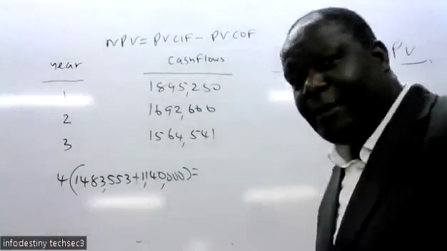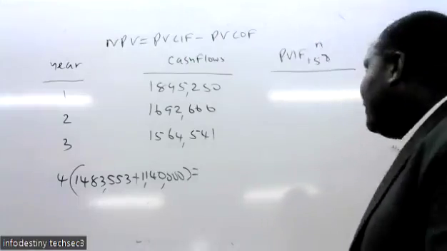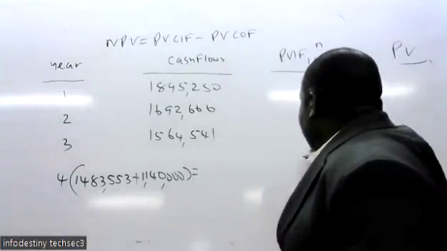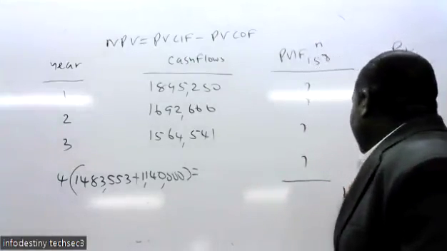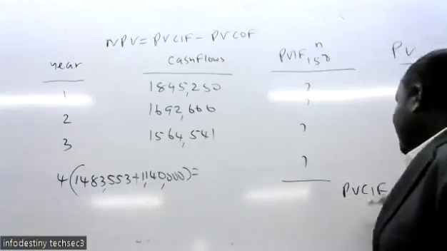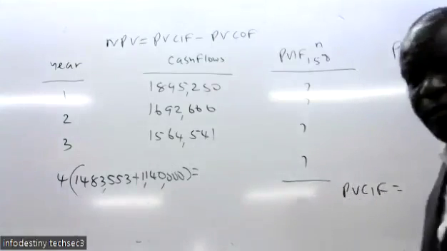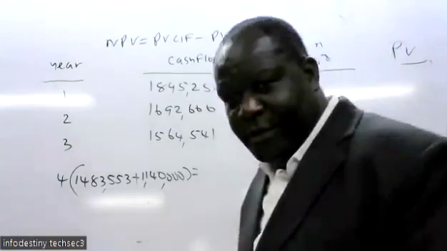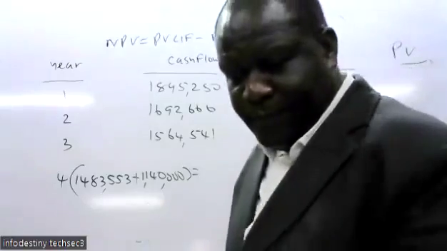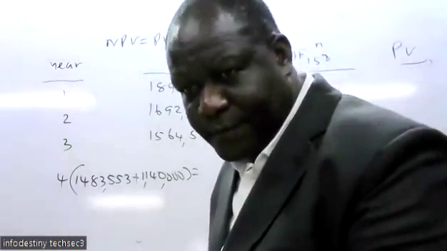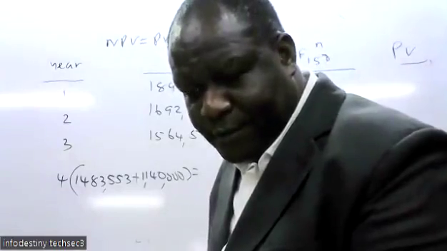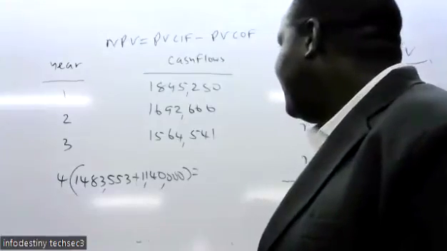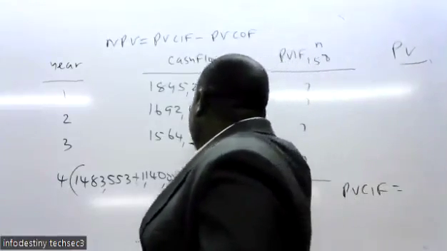So get the values in the table, 15% like that. When you add, you get the present value for the cash inflows. Year 3 is 1564.